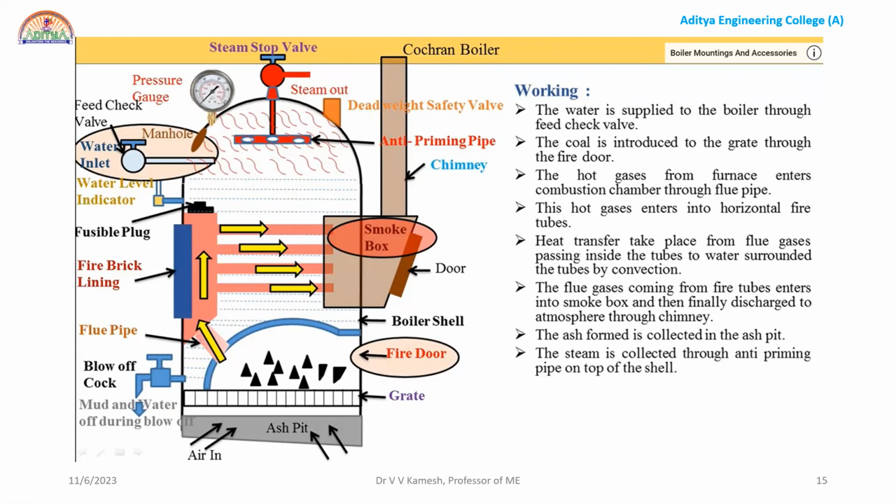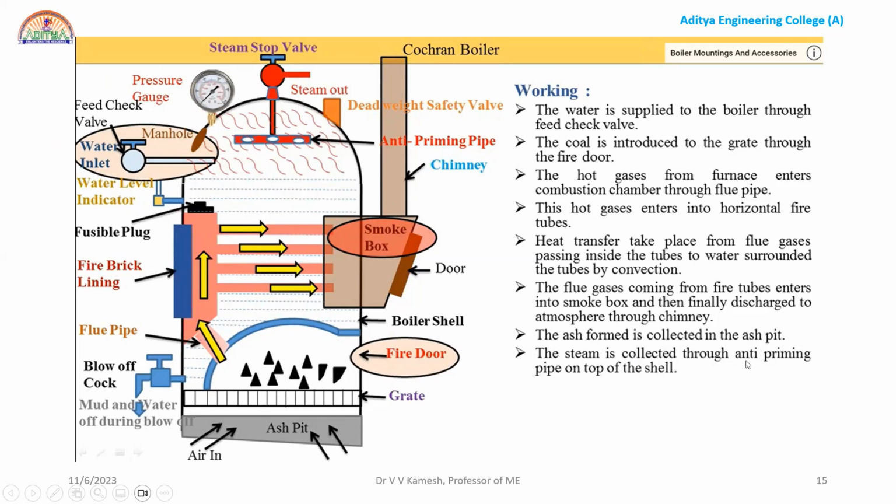Okay, so it is by the convection process. So convection means from one fluid to another fluid through surface contact. Okay, so the flue gases coming from the fire tube enter the smoke box and then are finally discharged to the atmosphere through the chimney. And the ash formed by the combustion is collected in the ash pit.